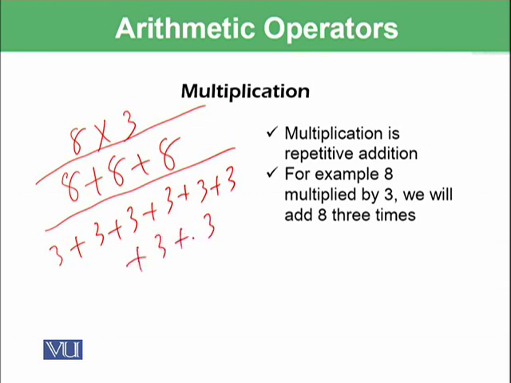So either we add 3 eight times or we add 8 three times. That would be equivalent to the multiplication of 8 with 3. This means that many CPUs are built which do not actually have multiplication circuitry. They use the addition circuitry to perform the multiplication within the CPUs.